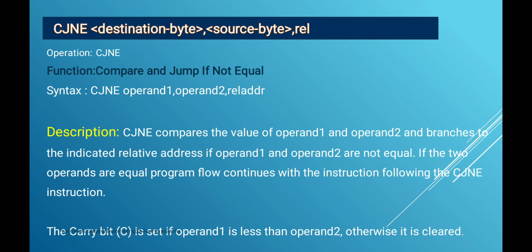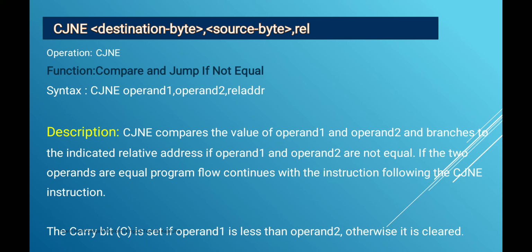For example, if the accumulator contains 34H and R7 contains 56H, the following is the sequence of instructions: CJNE R7, #60H, down. Here the label is down.